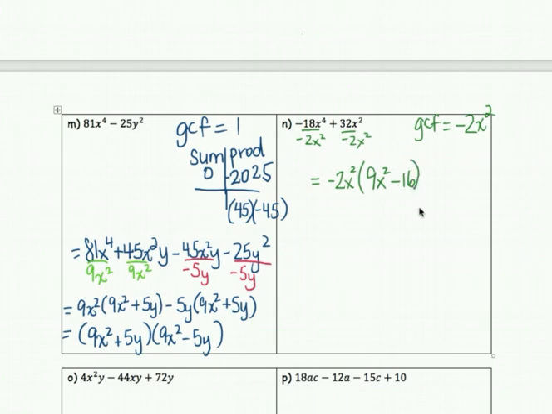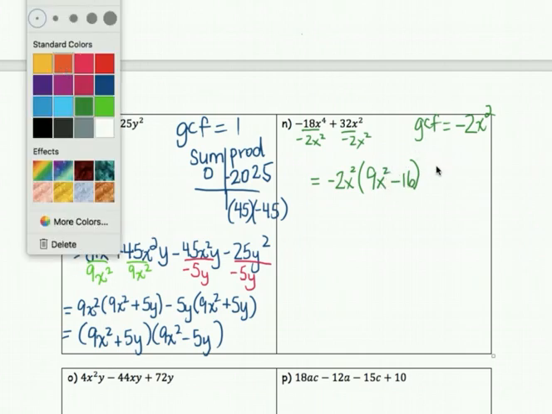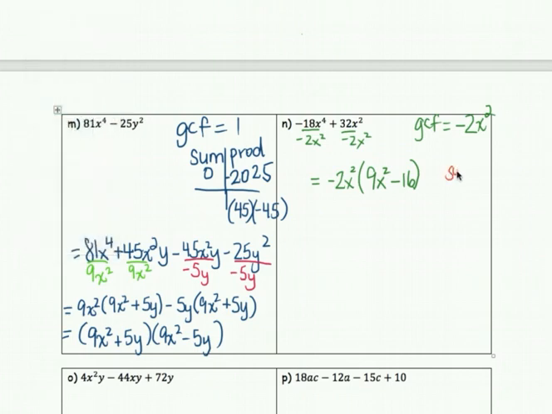Okay, so all right, so from there, always check to see if the value in here can be factored as well. So I'm just going to do a sum product table here. So we need a sum, so see how the middle one is missing again, so because normally it would be the x term in here, and the product, okay, so remember it's always a times c, so this is c right here.